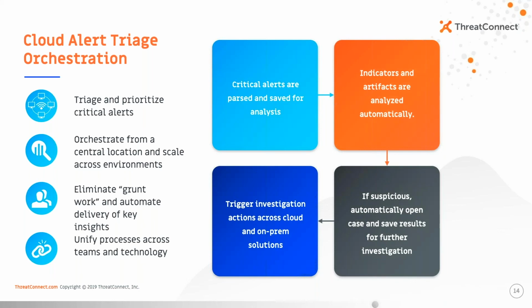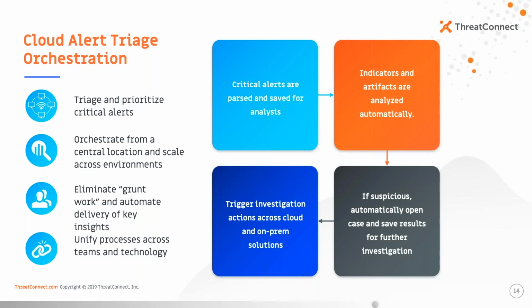So how do we solve some of these things? Too many alerts. We're going to orchestrate some of those alert triage processes. We're going to prioritize critical alerts so analysts can look at the most critical events first. Increased complexity. We're orchestrating from a central location, scaling across environments. Too few resources. As discussed earlier, we're automating some of that manual grunt work. Additionally, we're automating the delivery of key insights. And then we're unifying processes across teams and technologies.